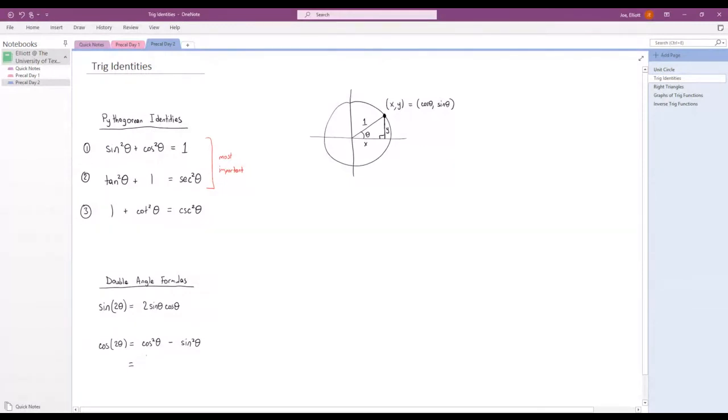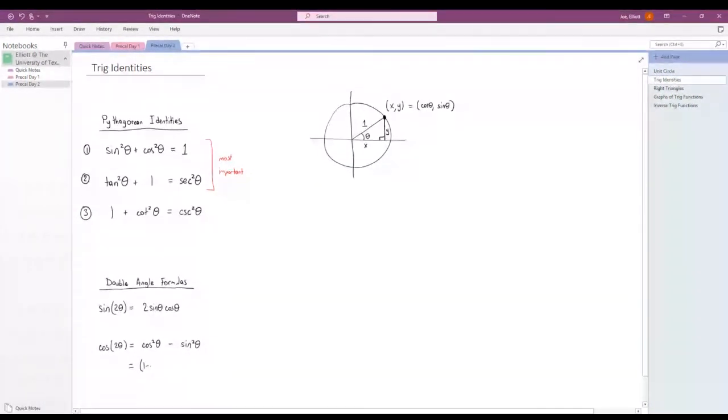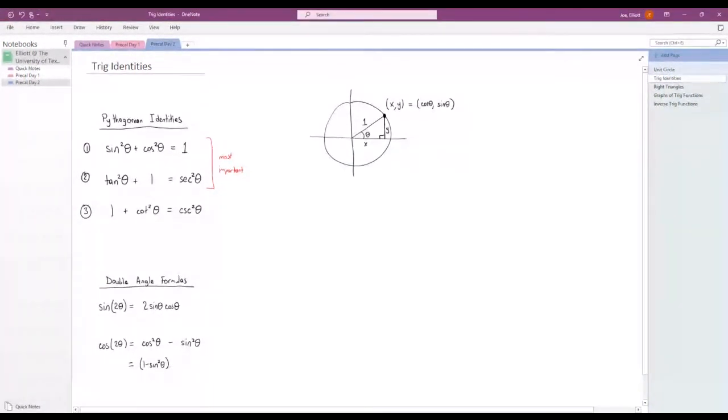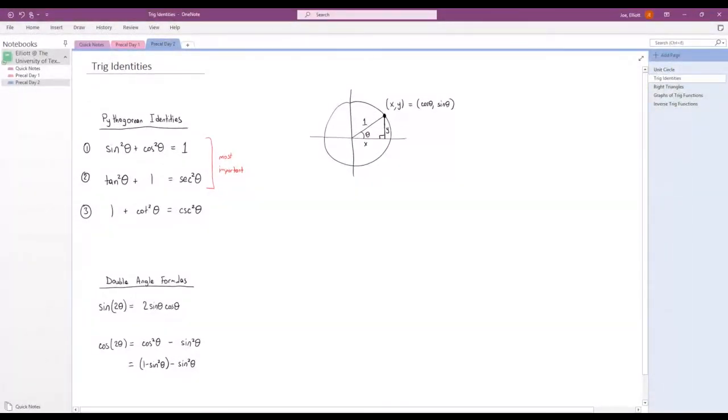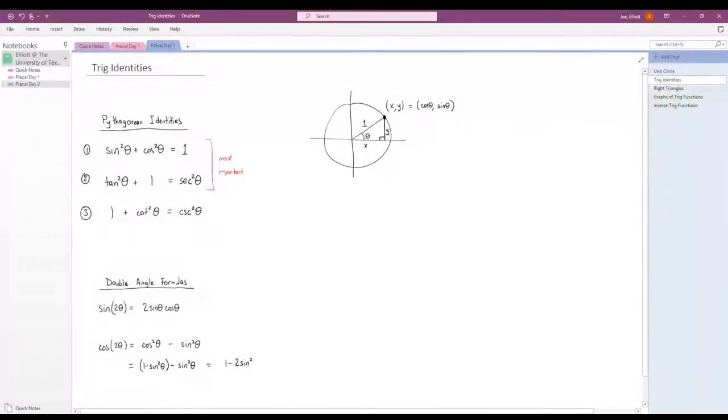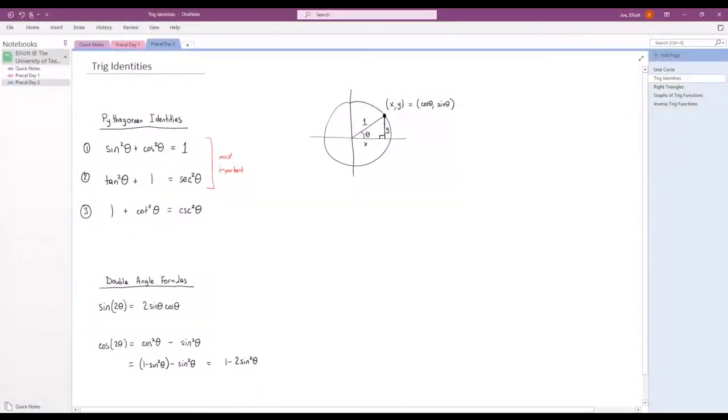So in this identity, if I replace cosine squared with 1 minus sine squared, then 1 minus sine squared theta minus another sine squared theta gives you 1 minus 2 sine squared theta. So that's another way of expressing cosine of 2 theta.